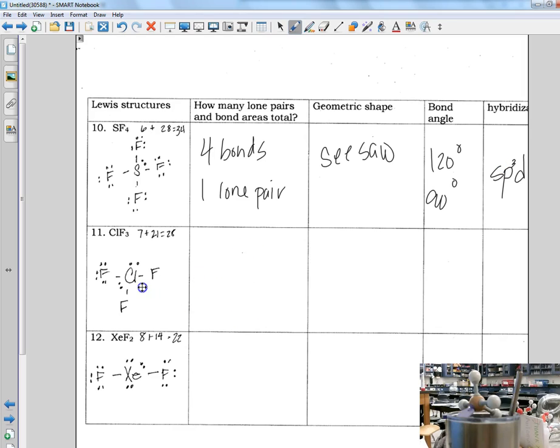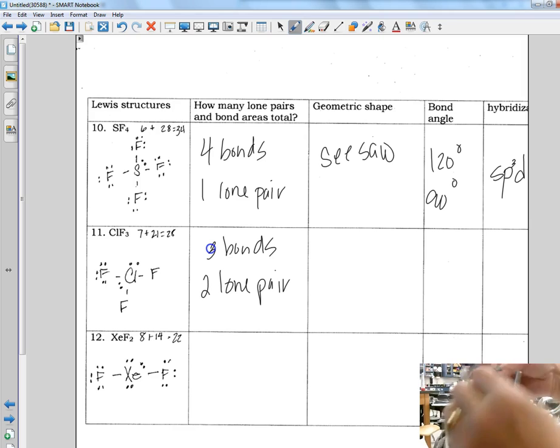For the next one, we have enough electrons. We have 28. We would use 24, putting 3 fluorines on. 25, 26, 27, 28. So we have 2 lone pairs and 3 bonds. So we're going to remove another and put an orbital, and we get a T shape.